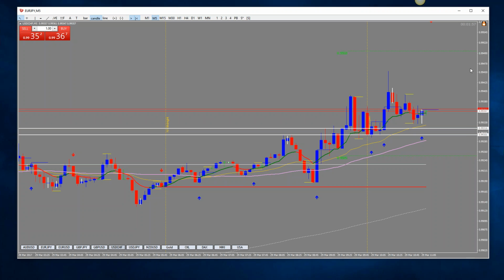But again, I'm not in it for the long term. I'm only in it for a few pips. There's a swing high, and a double top here, so I could be looking at 3 to 9 pips. I'll probably close that.